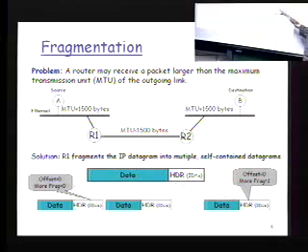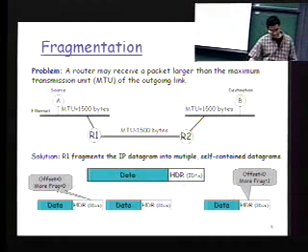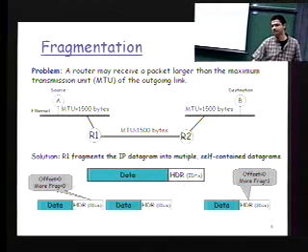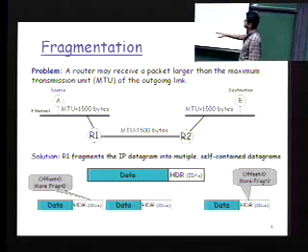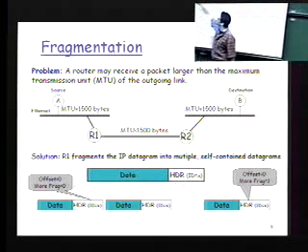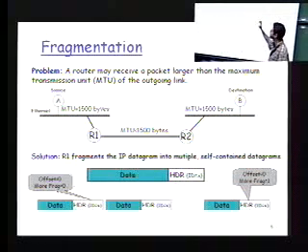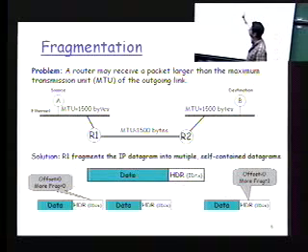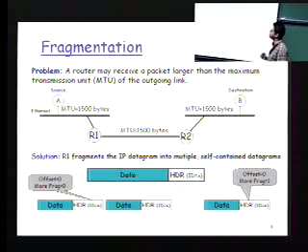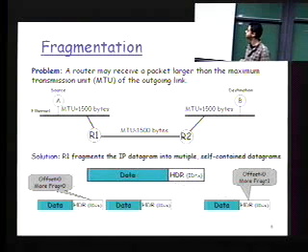As I said earlier, the specs for IP define the maximum size to be 64 kilobytes. So an end host in principle can send out a packet which is 64 kilobytes. But if the link on which the packet is traveling has an MTU which is less than your original packet size, then that link is going to chop up this packet, is going to fragment that packet into different pieces.